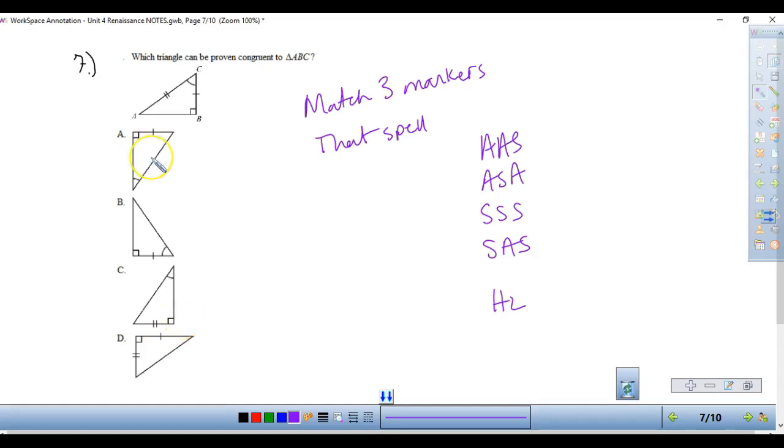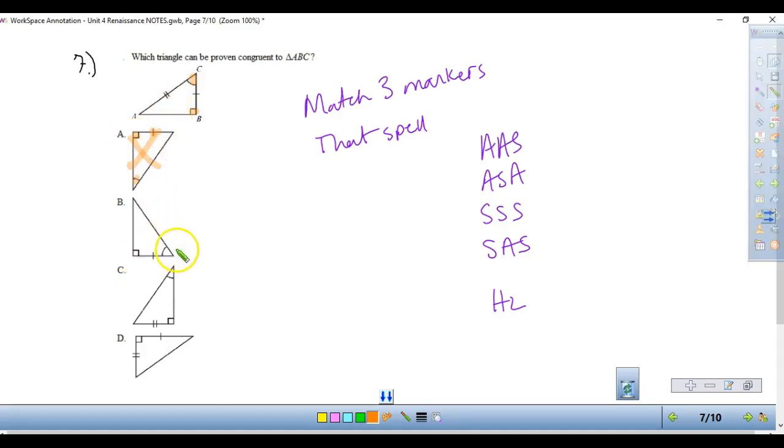So let's see. You can use everything you learned in Unit 3. You can translate, so you can slide them, you can reflect them, you can rotate them. So can you see that if I rotated this all the way around, this angle would match up here, and this would match up here, but the single marker would end up down here, and so that's not going to match up.